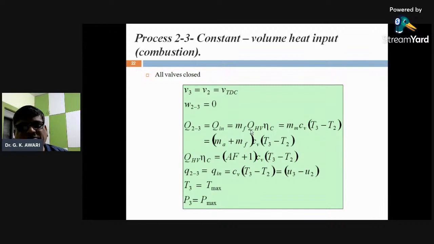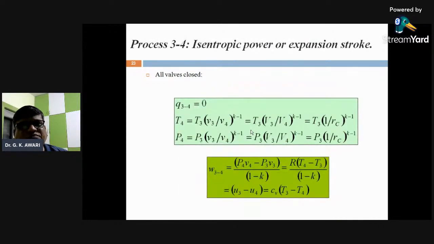Here T3 is T max and P3 is P max, and Q23, the heat in, is equal to CV times (T3 minus T2), which is U3 minus U2. So this is the constant volume heat input combustion process.